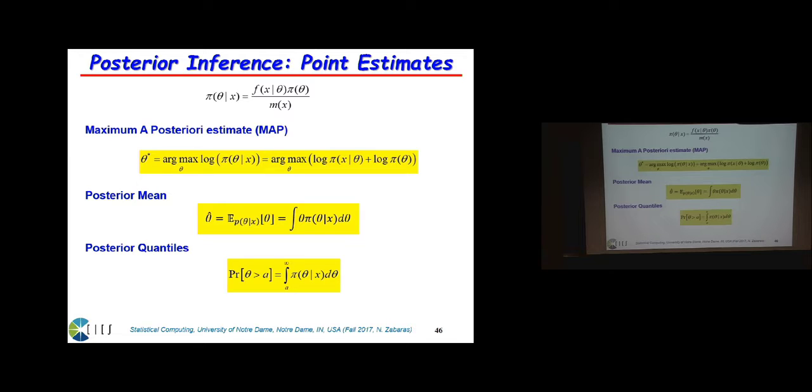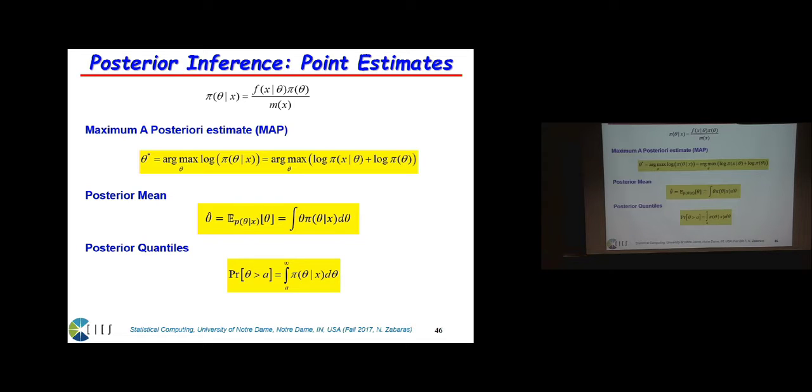Another point estimate may be the posterior mean, and this is the calculation of the posterior mean. All right, so you have your posterior, this is the posterior mean. Obviously, you have to integrate in the theta space, and that can be problematic because if this distribution is known through a code, this will require very high dimensional integration, and it will not be an easy thing to get.